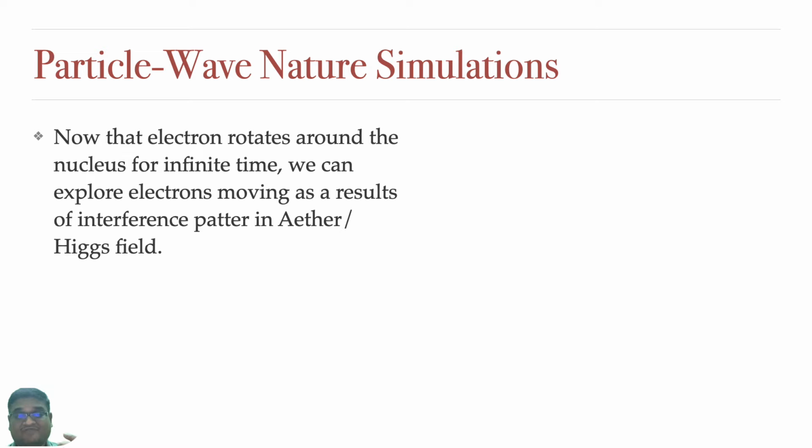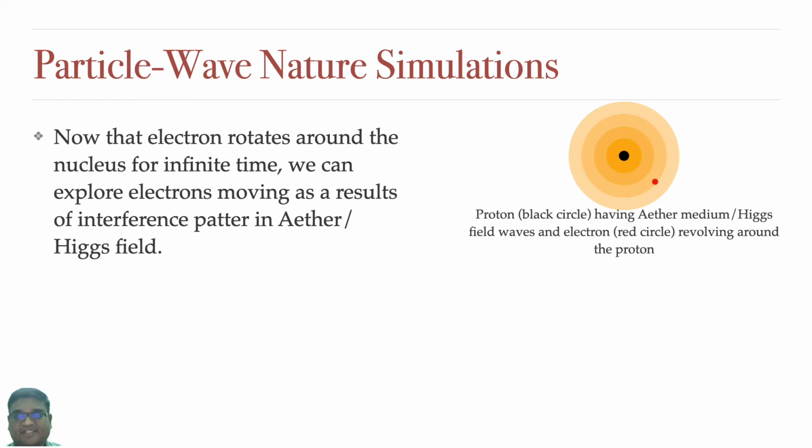Why not have waves, with the electron moving according to the interference pattern in the Higgs field or ether medium? Here is a simple case with a hydrogen atom, where the proton is situated in the center.